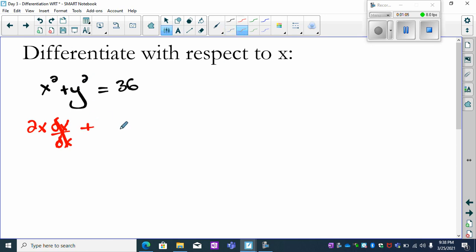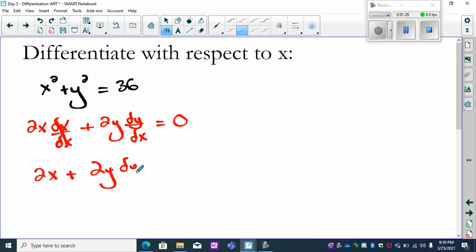Plus, the derivative of y squared with respect to x would be 2 times y times the derivative of y with respect to x. And the derivative of a constant, 36, with respect to anything would be 0. So long and short, we would have written this as 2x plus 2y times dy over dx equals 0.